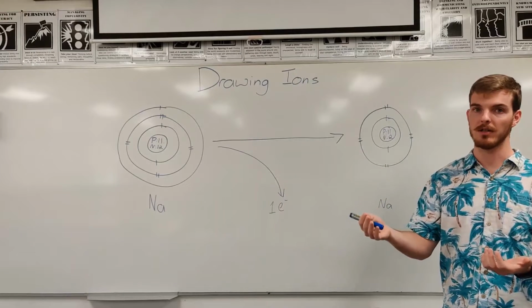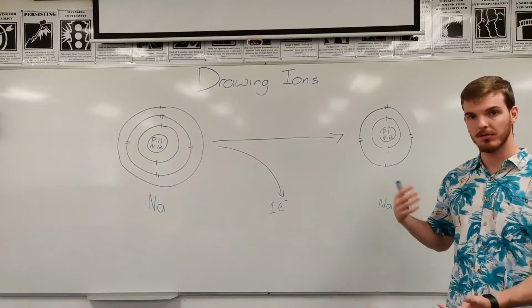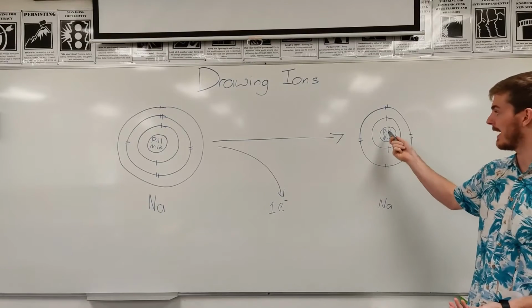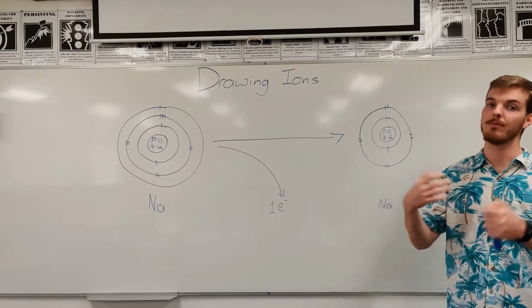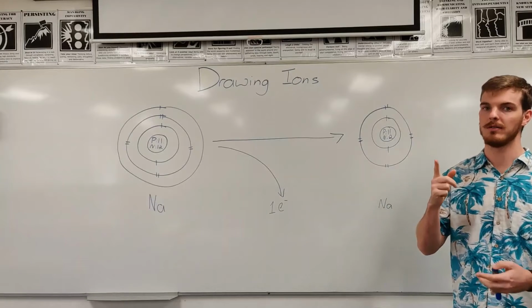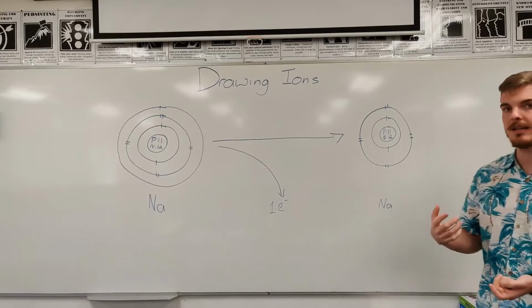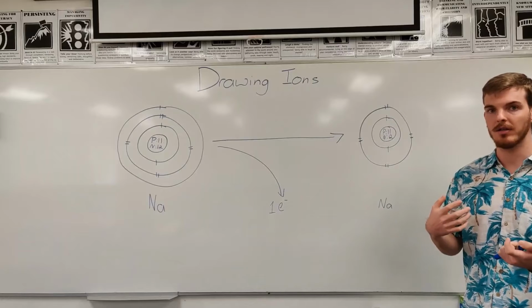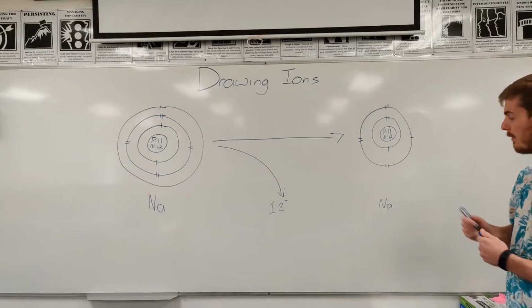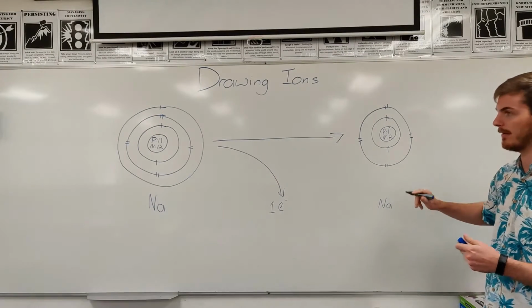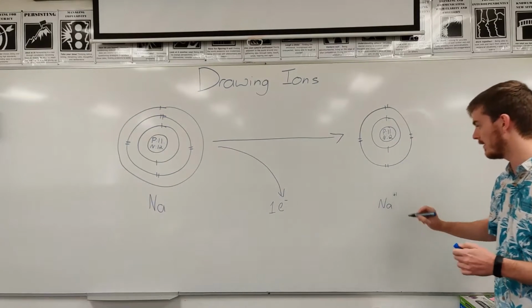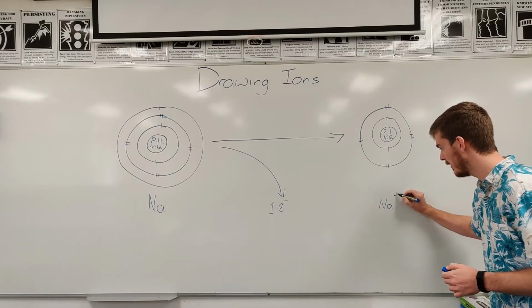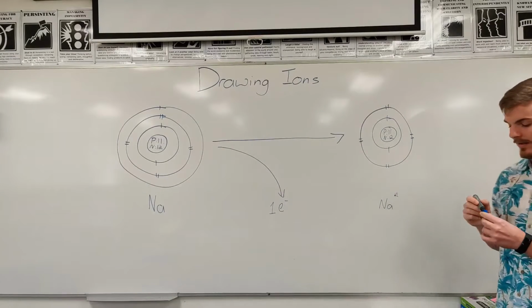Protons have the positive charge, so we've got 10 electrons and 11 protons, which means we have a positive charge of 1. So to indicate that this is now an ion of sodium, we write the charge up above, plus 1, or plus, if you want to be super specific, 1 like that.